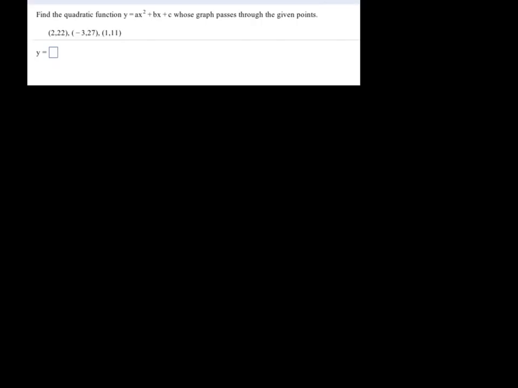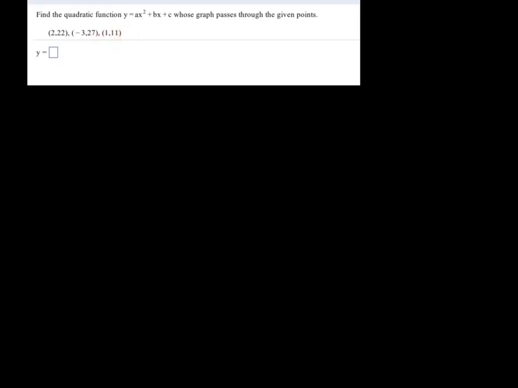Here, they want us to find the quadratic function that is in the following format of y equals ax squared plus bx plus c, and whose graph is passing through these points. Since the graph is passing through these points, we have an x and a y coordinate, and an x and a y coordinate for the second point, and an x and a y piece for the third point.